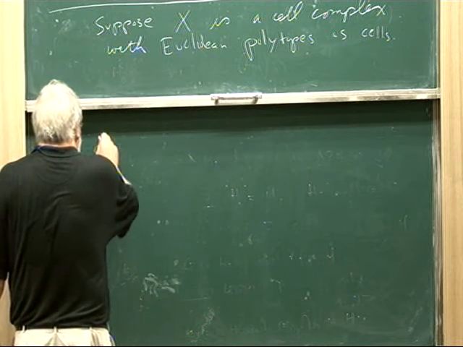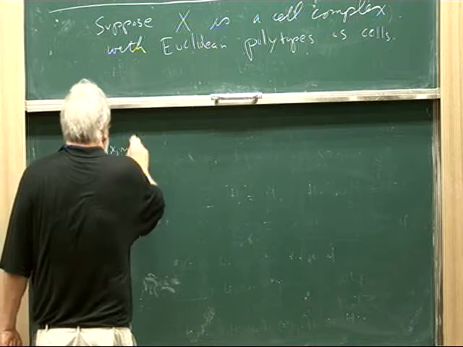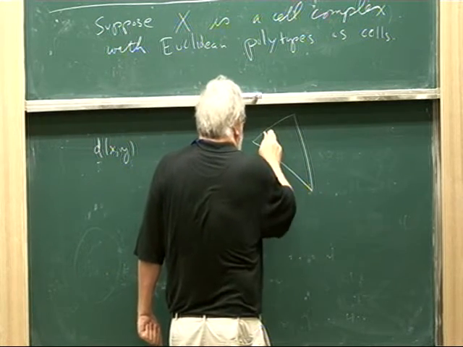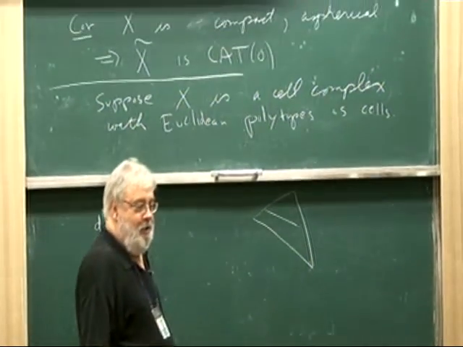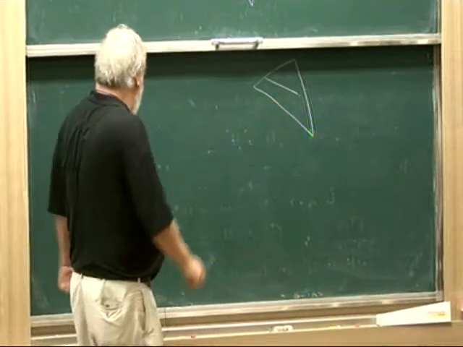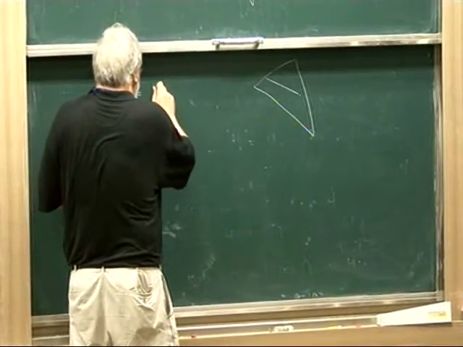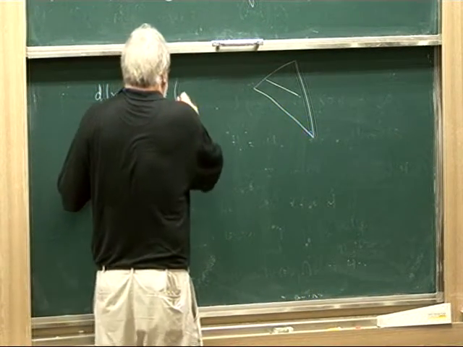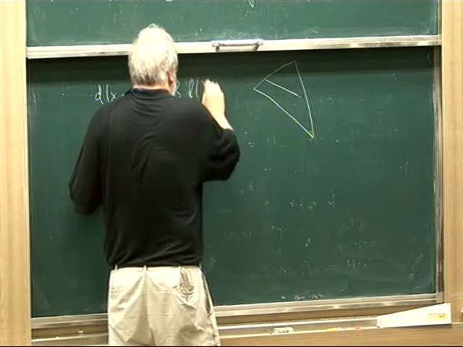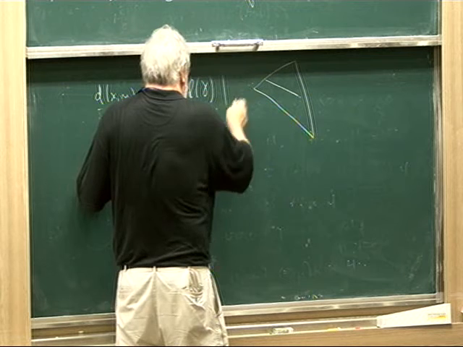Then you can define the distance between 2 points. In some Euclidean cell, the distance is just Euclidean distance, and then we can promote that to a distance on the Euclidean cell complex. We define the distance between 2 points to be the inf of the length of gamma, where gamma is a piecewise Euclidean path.